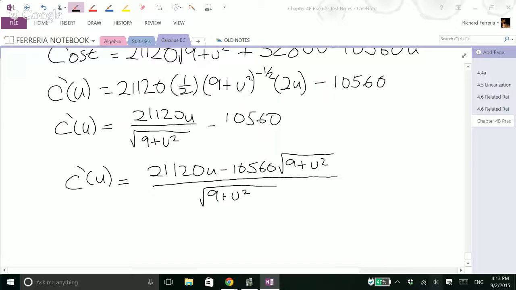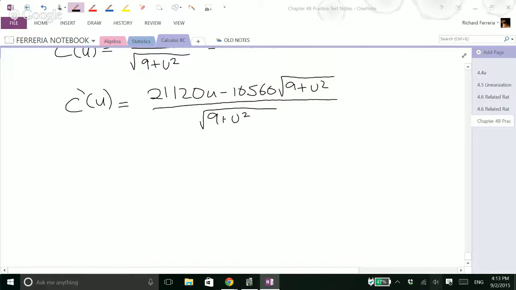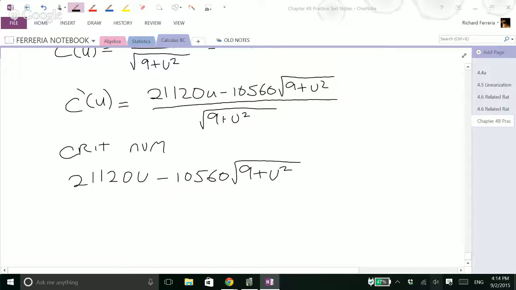We're looking for critical numbers, right? When is 21,120 u minus 10,560 root 9 plus u squared equal to 0?